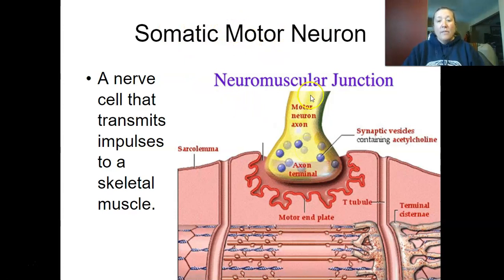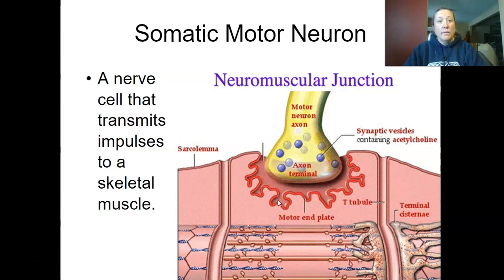Now, how this happens is, of course, our brain sends a signal that goes down the motor axon, and then we have these little neurotransmitters called acetylcholine. Inside those little vesicles, that acetylcholine will get released through exocytosis. If you remember, exocytosis fuses with the plasma membrane, opens up, and spits out the contents, okay? And so this acetylcholine will travel through what we call the synaptic cleft, and go to the muscle cell, where there are receptors.